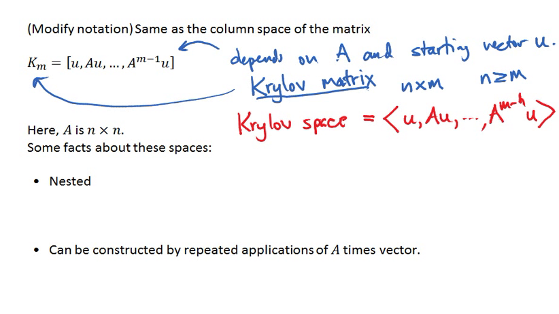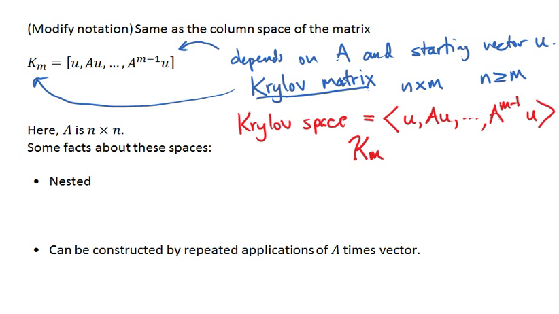Okay, in other words, it's the column space of the Krylov matrix. This is another way of putting it. Okay. And for this notation, we'll use a curly K. So the curly K means the space, the regular K means the matrix.